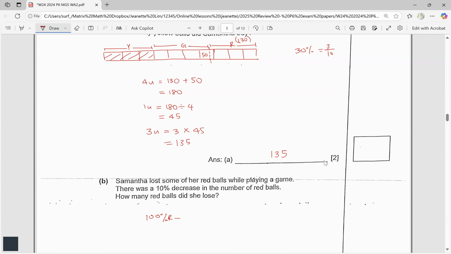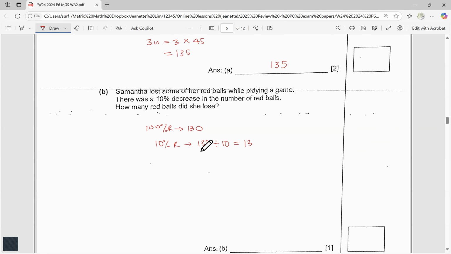She lost some. There's a 10% decrease, so she must have lost 10%. So you just find 10% of the red balls. From 100%, you have to divide by 10 to get 10%. So I take 130 divided by 10.